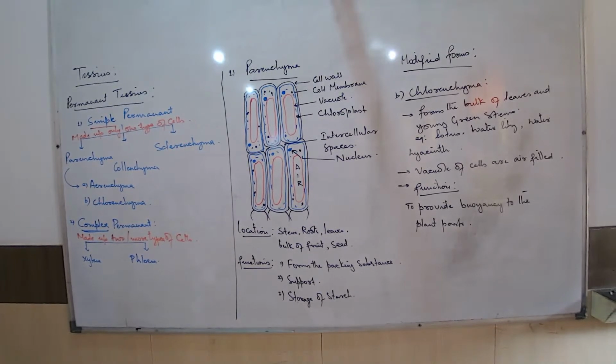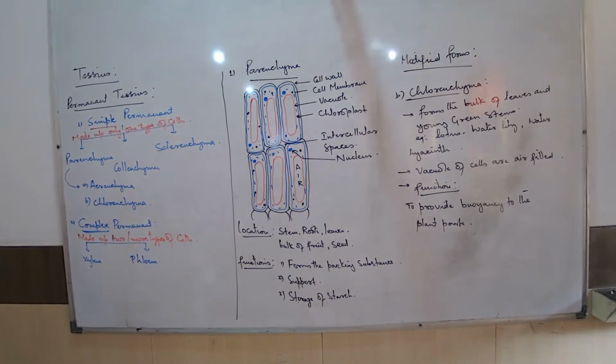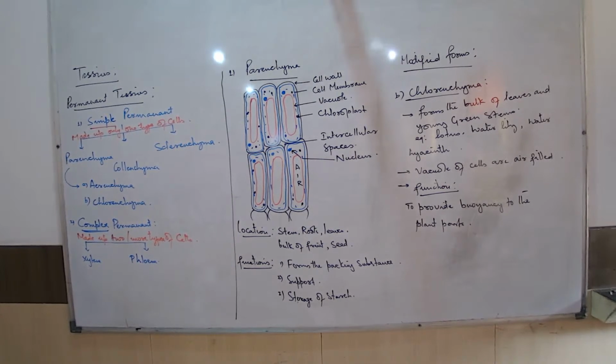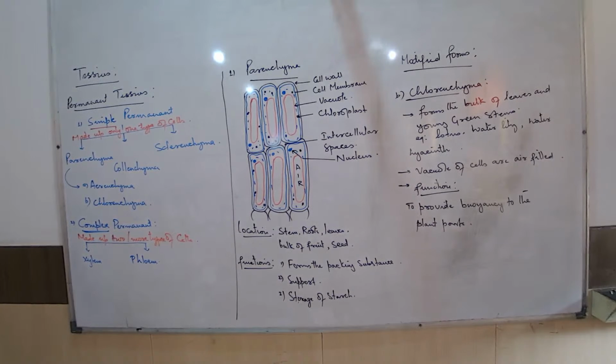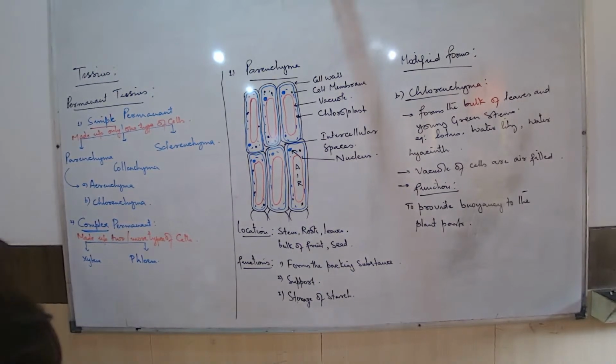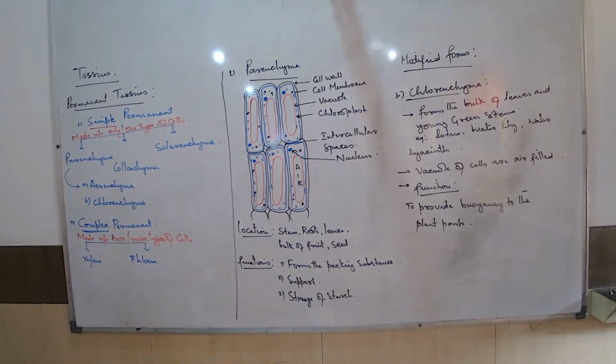Now, I already said that if it is a plant, the stem, root, leaf, fruit, flower, all is basically made up of parenchyma. But when I talk about the leaves and the green stem majorly, I get to see that yes, the type of tissue is parenchyma, but these parenchymatous tissues have a special feature.